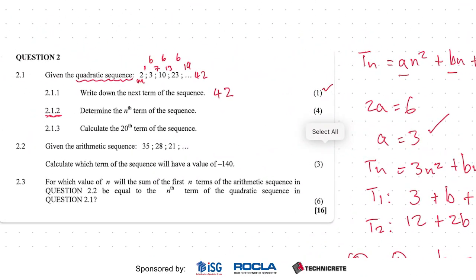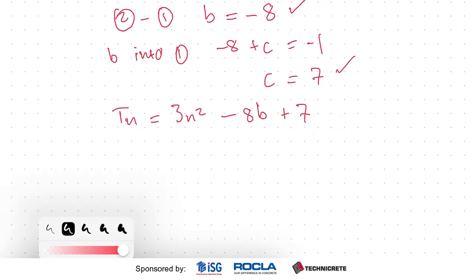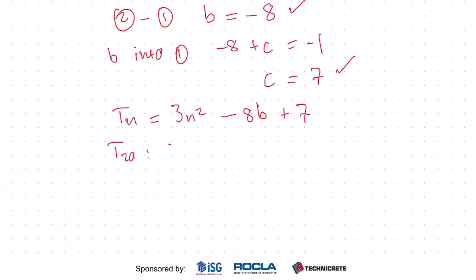Okay, calculate the 20th term of the sequence. That's very easy. Now that we have the equation, they want us to calculate T20. So 3 times 20 squared minus 8. Why did I say B here?